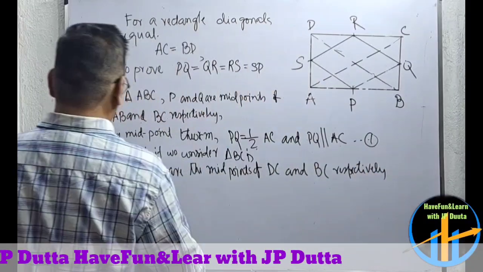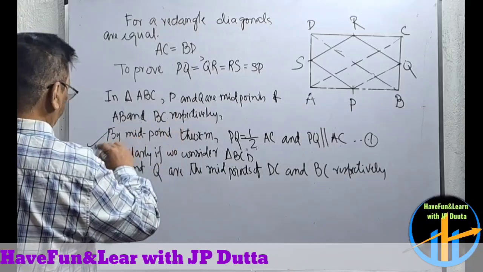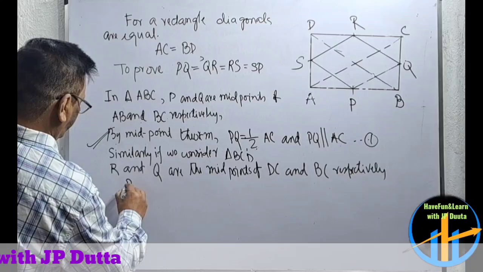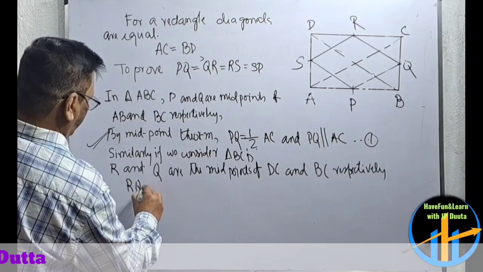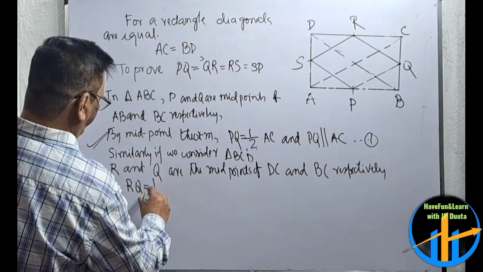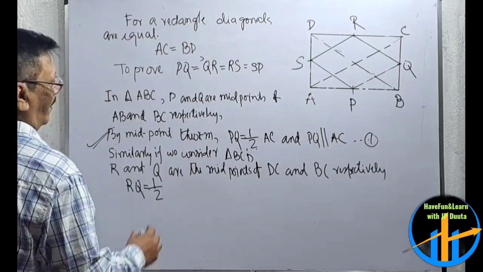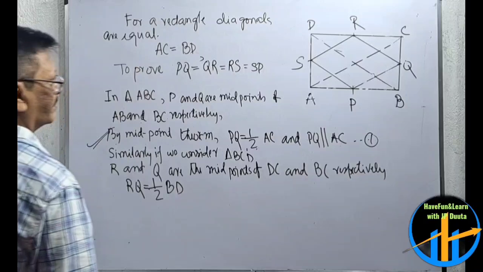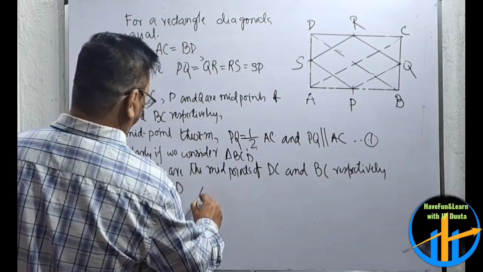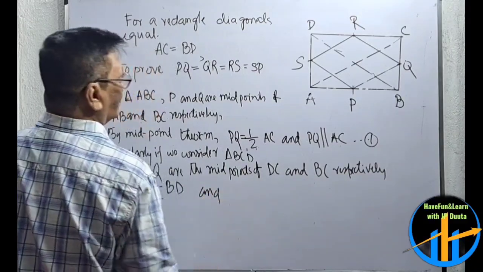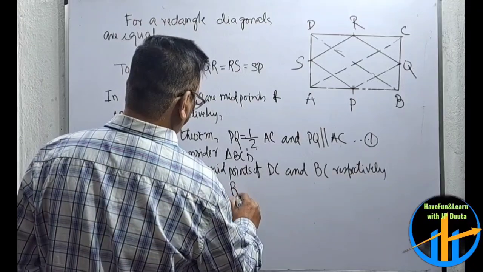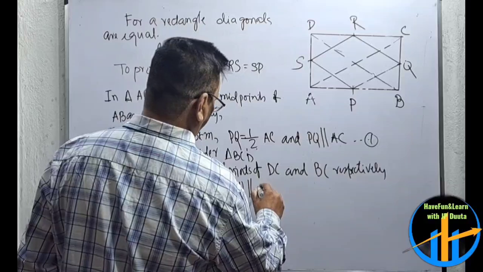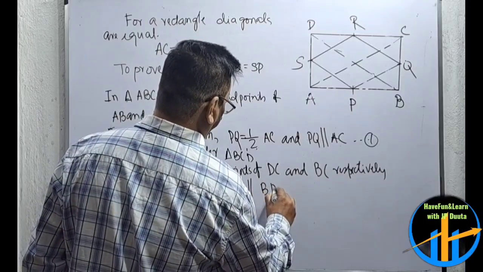Right? So by midpoint theorem again, what we can write? RQ is half of BD, right? And RQ is parallel to BD, right?